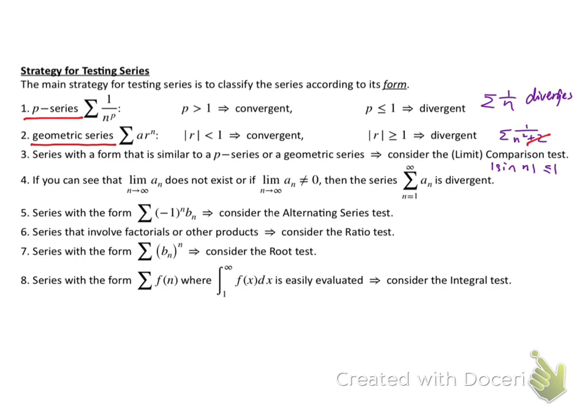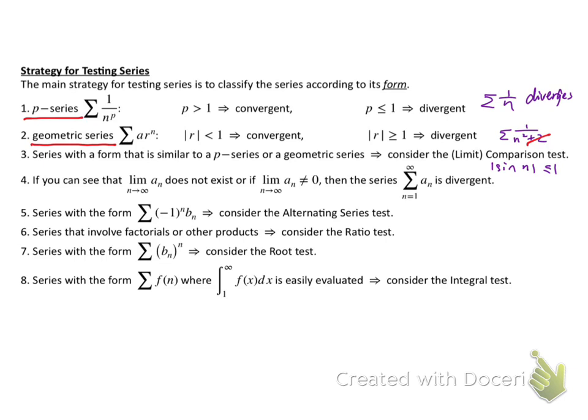Number 4 is something many of you constantly forget, because you focus on the series so much, you forget that if the series is convergent, the limit of the terms has to go to 0. If that's not happening, which means either the limit of an does not exist, or it exists but is not 0, the series can't be convergent.